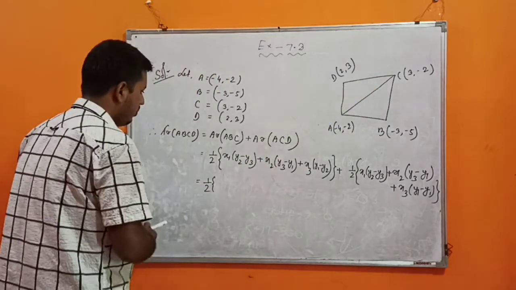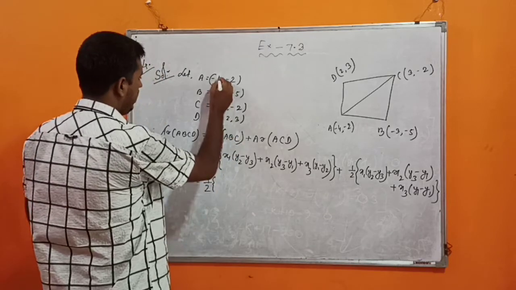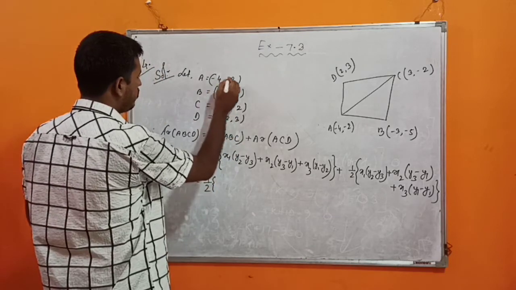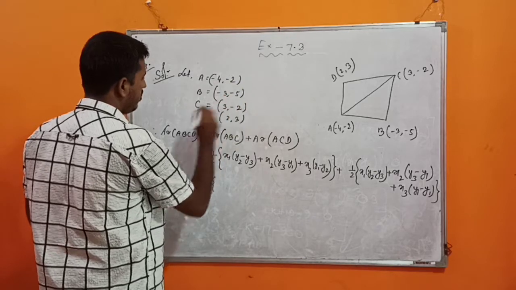Now putting the values only for ABC, this is x1 y1, this is x2 y2, this is x3 y3.